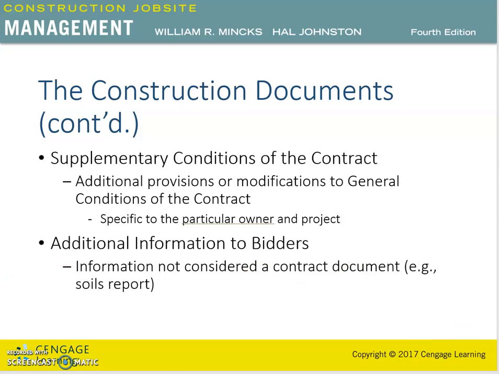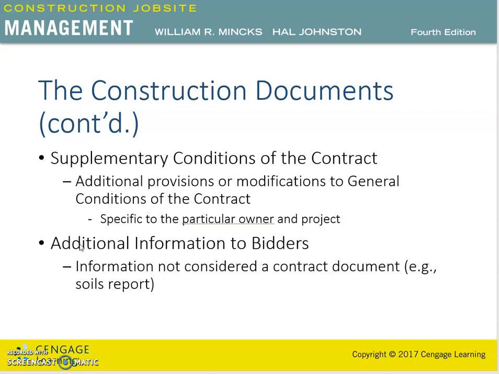So the use of some standard form of general conditions of the contract is common in the construction industry. Some of the information which cannot be included in the conditions of the contract can be included as additional information to bidders. Many project manuals will include information to bidders that is not considered a contract document.